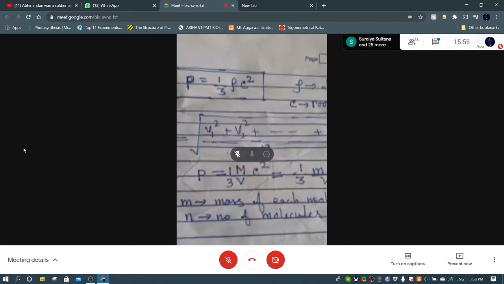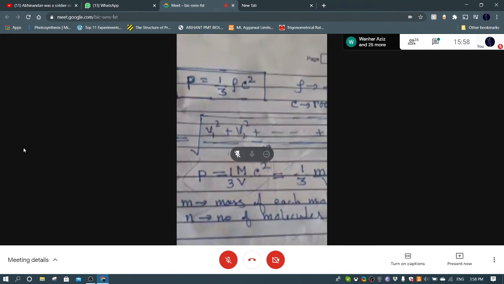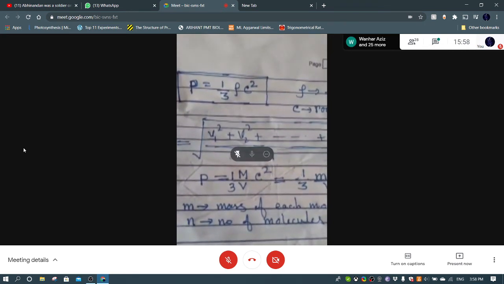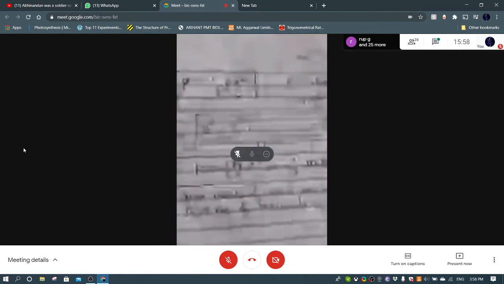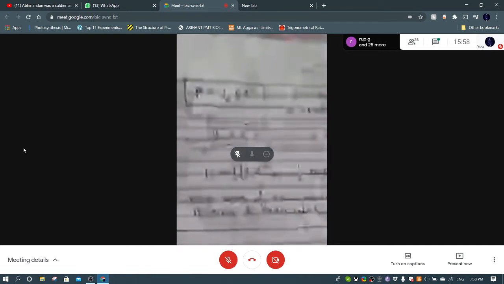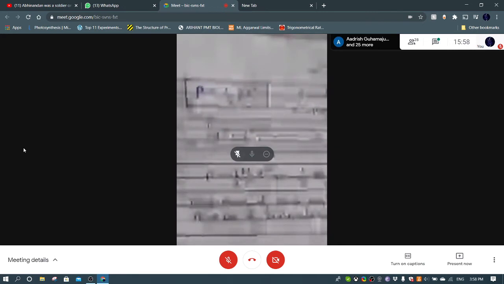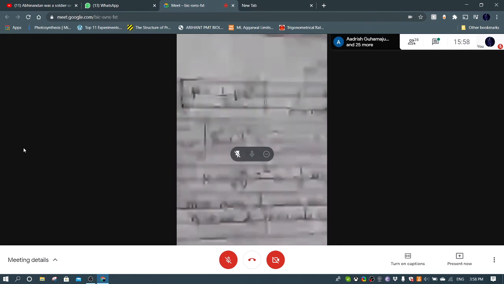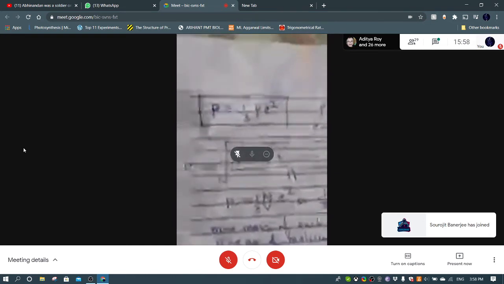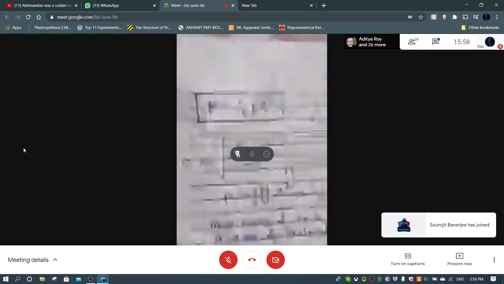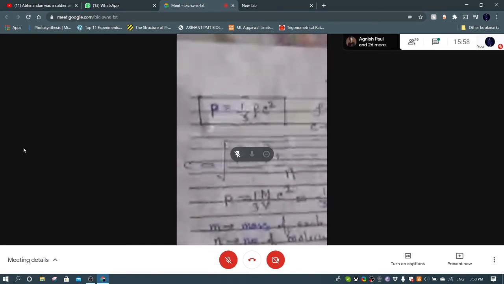Now from here, we can deal with some other expressions also. That means C, the RMS velocity, equals root over of 3p by rho. From here only, C will be root over of 3p by rho. Automatically you can find it out.